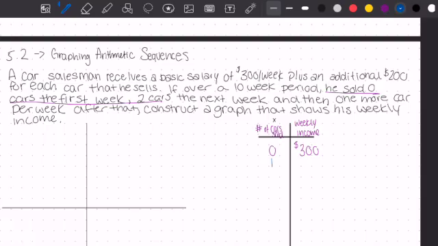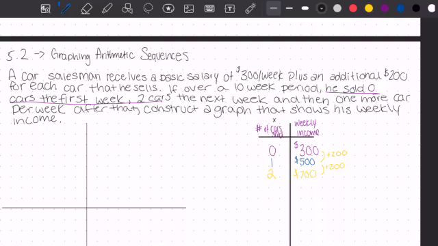If he sells 1 car, it's $300 a week plus the $200, so it is $500 that week. And for the third week, or the second week here, we're going to have plus another $200 because in this week he is selling 2 cars. So that is going to bring us to $700.